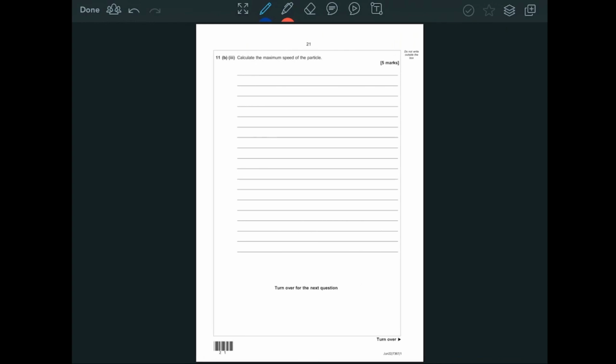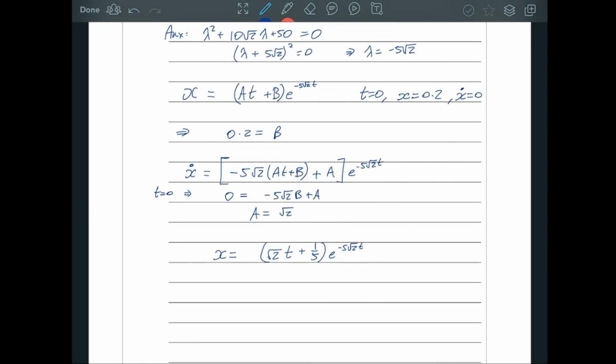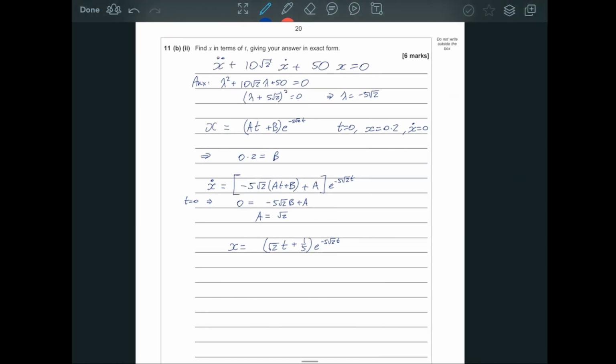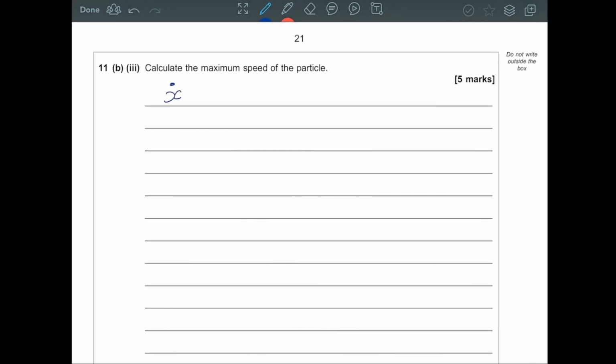Calculate the maximum speed of the particle. Okay, so maximum speed means I need to differentiate and find my x dot. Now I already have my x dot differentiated without the a and the b in there. I'm internally debating whether it's worth differentiating it again with the numbers or subbing the numbers into the pre-differentiated. I'm going to sub numbers into the pre-differentiated.